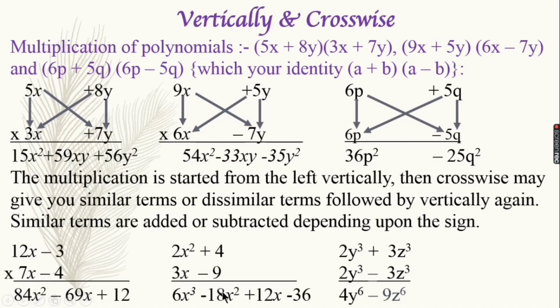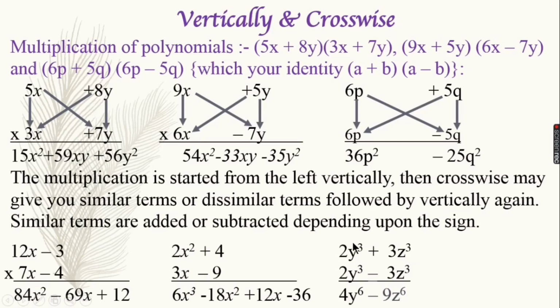So they are not similar terms because they have the same variable but with different powers, and hence they cannot be added. They have to be written separately. So first we put the higher value of x and then the lower value of x. So it is then 12x, and then plus into minus is minus, and 4 into 9 is 36. So minus 36 we put here.